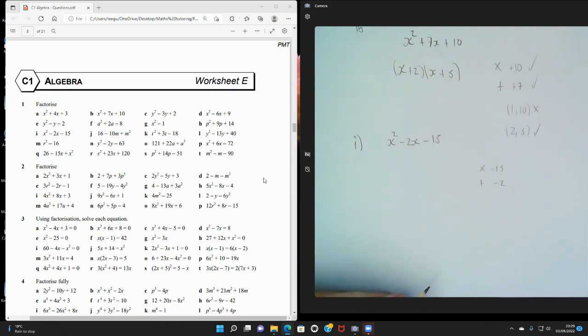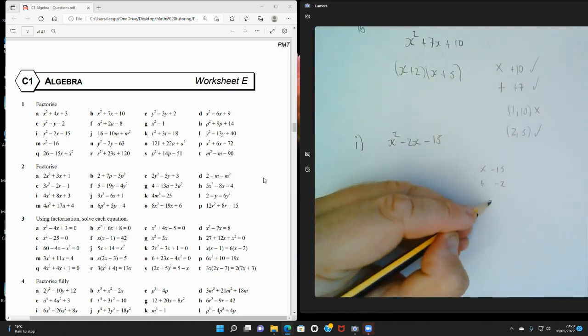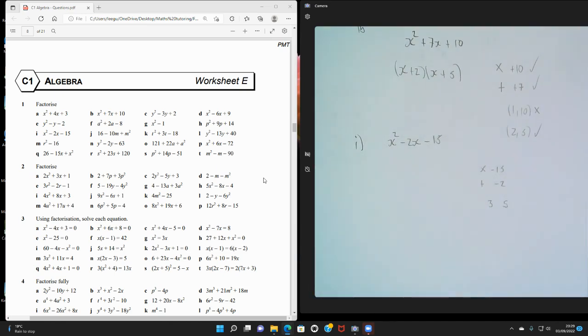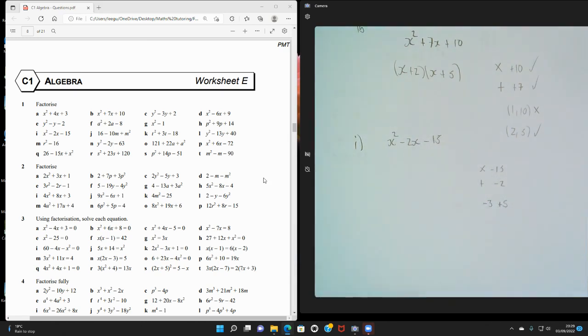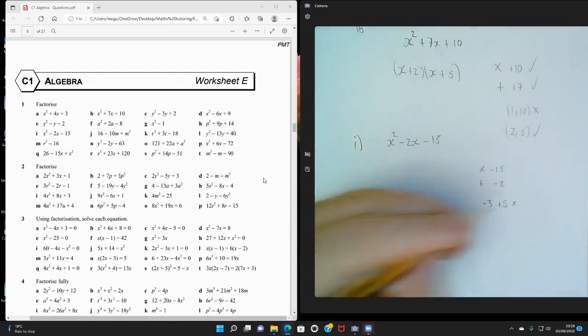I'm thinking to myself 3 and 5, so I'm going to write down 3 and 5, but I now need to think, which one's going to be positive and which one's going to be negative? Well, I've got minus 2 here, so if this one was negative and this one was the positive one, that would not be the correct factor pair, because when they're added together, that's going to give me plus 2. So that's incorrect.